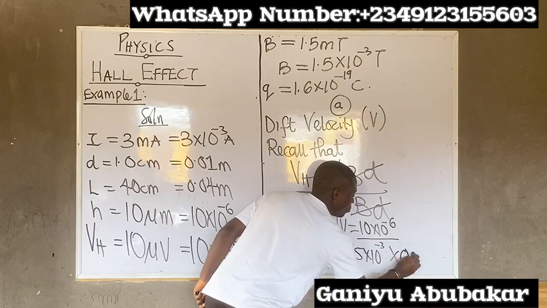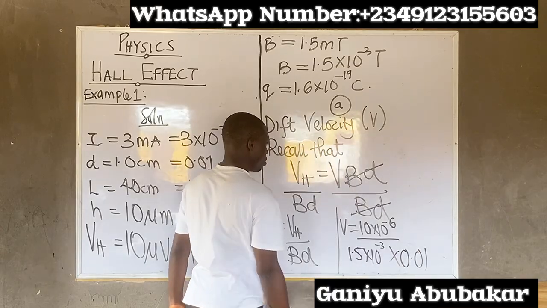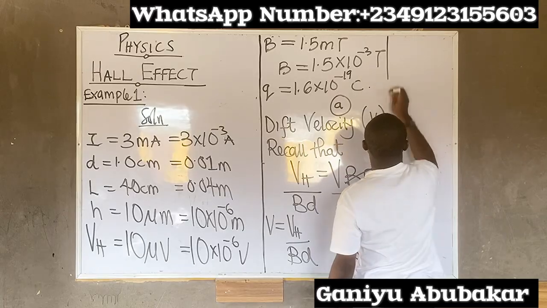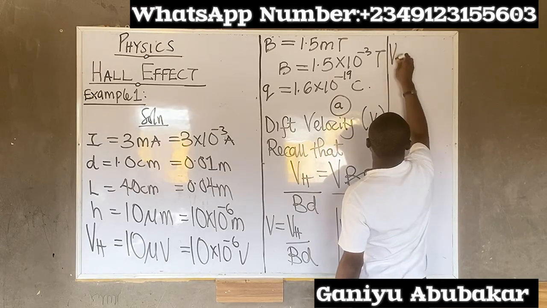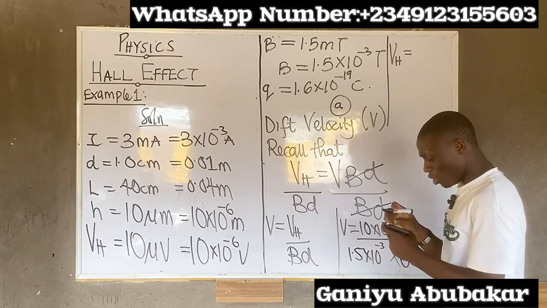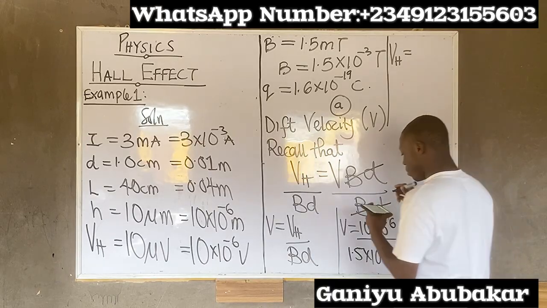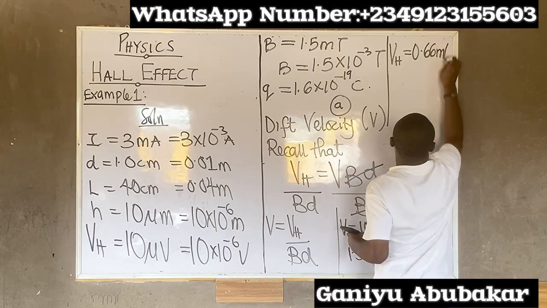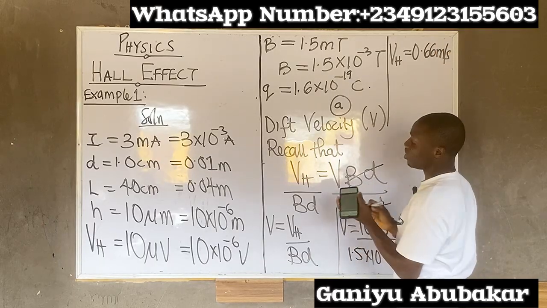So if I punch everything in, this will give me about 0.66 meter per second, because it's the velocity.